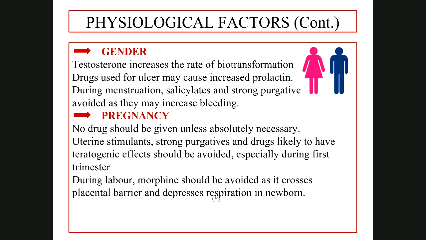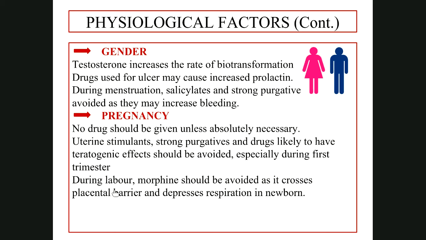Next is pregnancy. You all have a basic idea that drugs should not be easily prescribed in pregnancy unless and until it is very much necessary. Uterine stimulants, the drugs which stimulate the uterus, or purgatives, or drugs which might have a teratogenic effect on the fetus, should be avoided, especially during the first trimester.